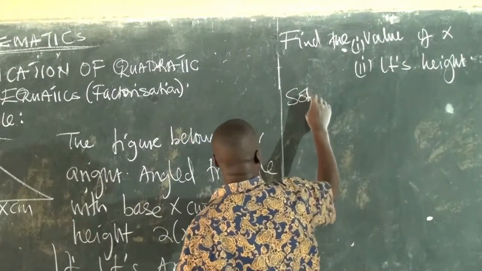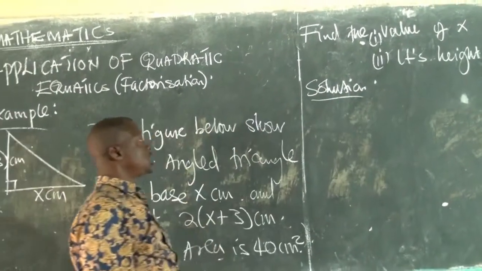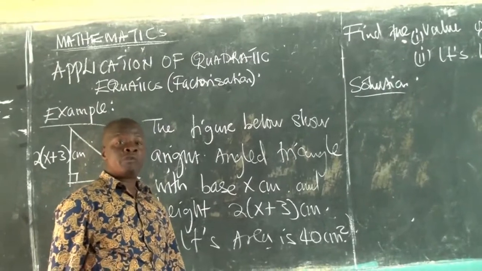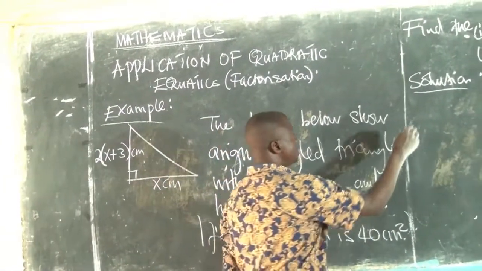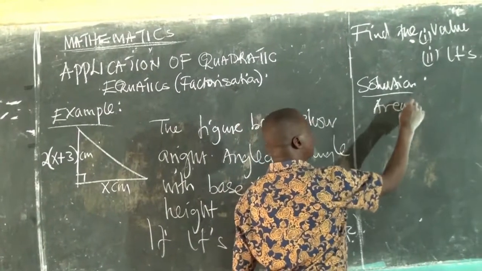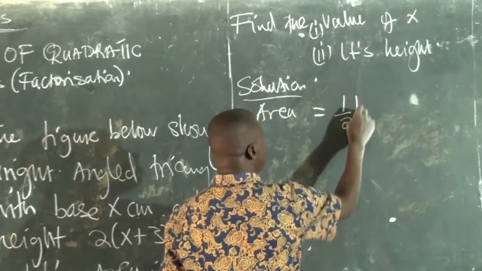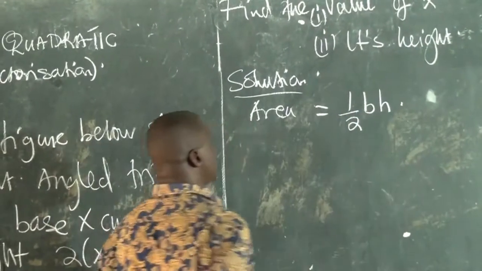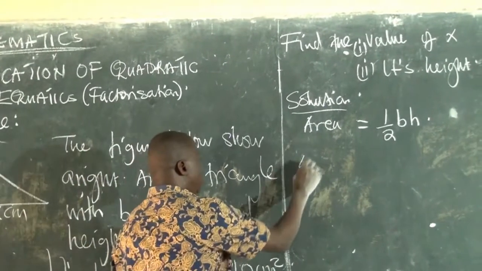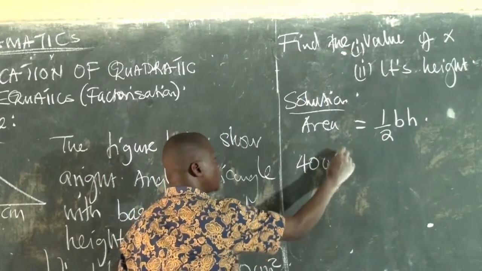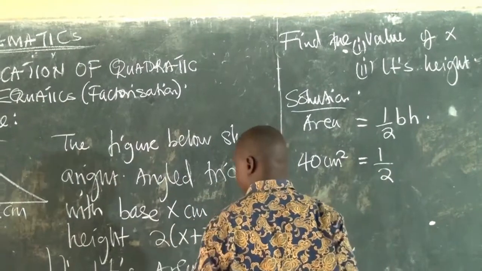In our solution, we need to know how to find the area of a right-angled triangle. We say that the area of the triangle is given by a half base times height. Remember, the area is given as 40 centimeters squared. This is a half times the base.